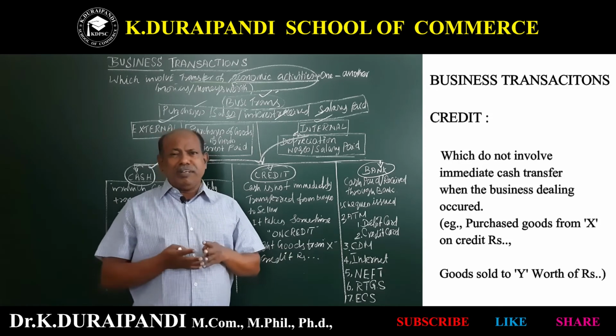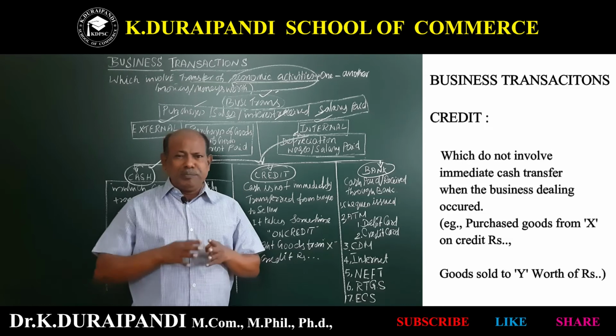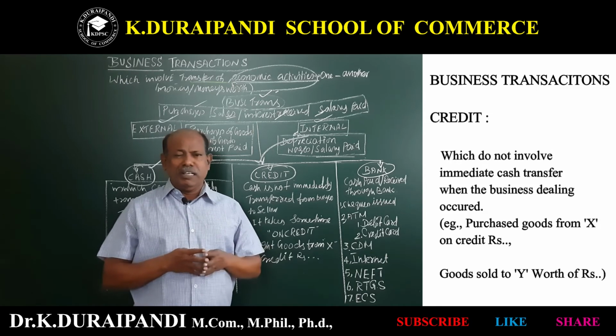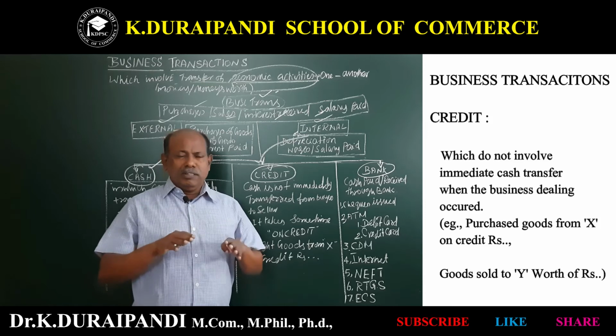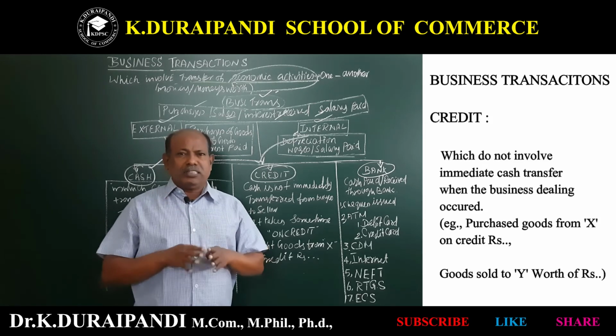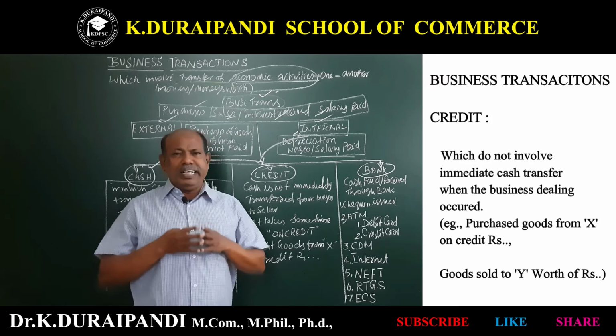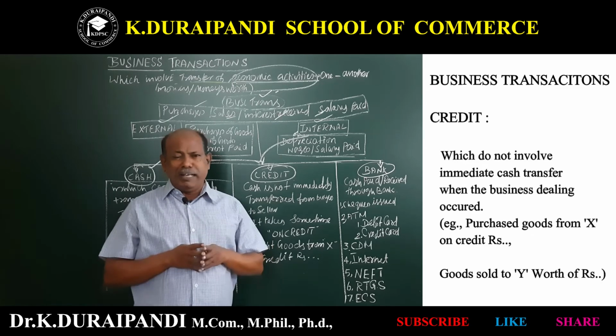The payment or receipt of cash will take some time, say after 3 months, after 2 months, or after 6 months. So, credit transactions are those transactions in which actual cash is not immediately transferred at the point of our business dealings.